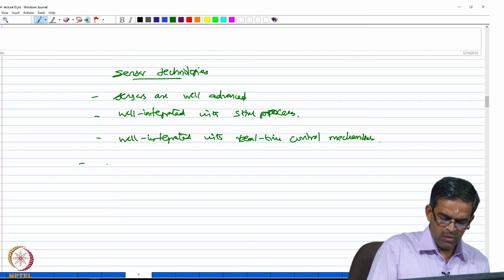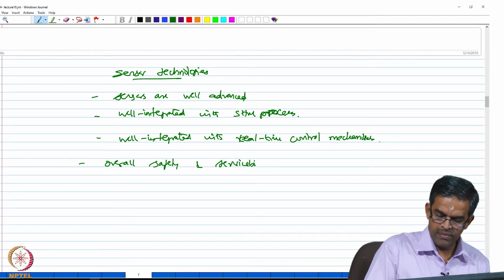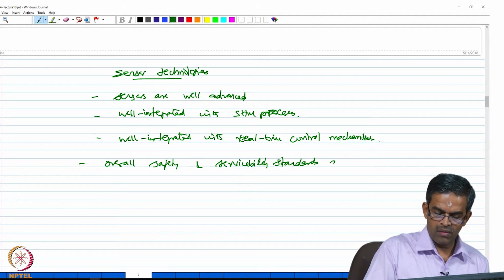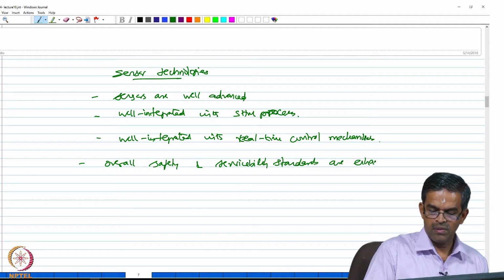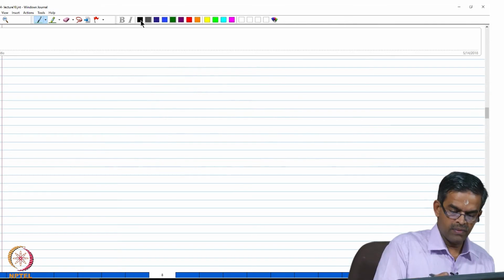So, overall safety and serviceability standards of the structure are enhanced using SHM.